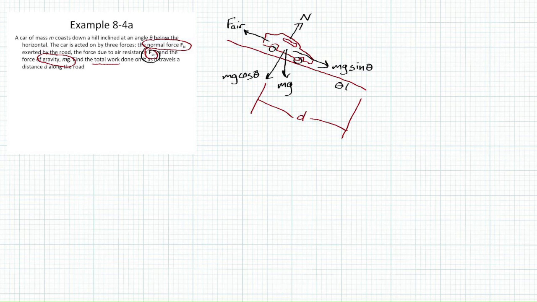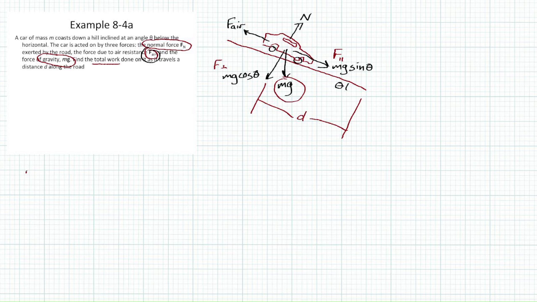Well, the weight force right here, mg, is directed mostly into the hill, but part of it is directed downhill, and so our force, we've been calling this force parallel, is moving the car down the hill. And think about it for a minute. What does the force perpendicular actually wind up doing to the car? Does it do any work on the car? And the answer is no. It doesn't, because it's not moving the car into the hill. Really, the only component of the car's weight moving it down the hill is the parallel one.